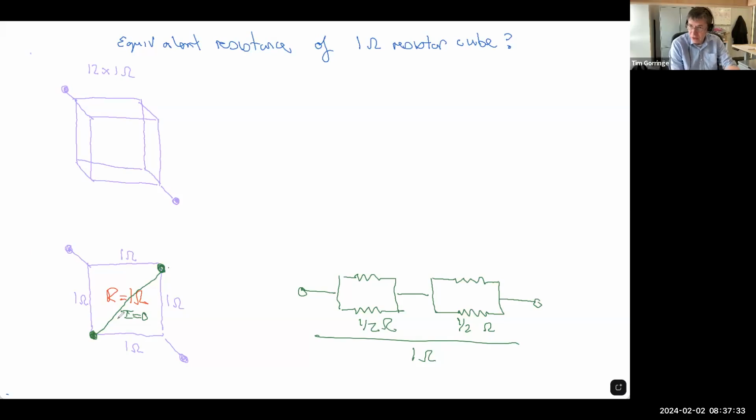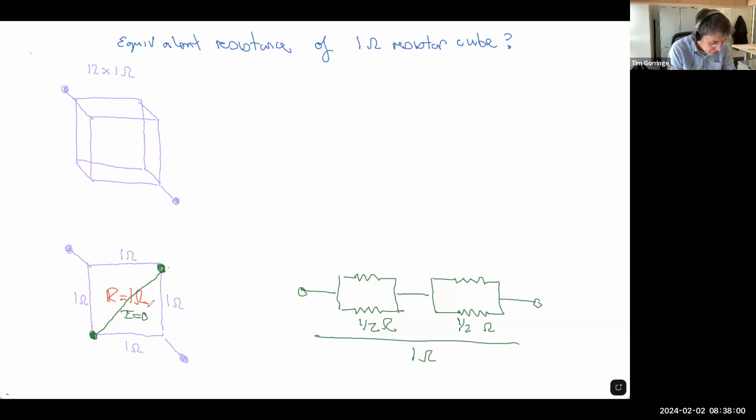This changes the circuit arrangement, but it doesn't change the action of the circuit. It doesn't change the performance in terms of the currents and the voltages and the equivalent resistance. So we're going to apply symmetry, and we're going to add some extra wires, and we're going to see what we get. And I can't stress enough, this cube is a fantastic example of how useful this idea is.